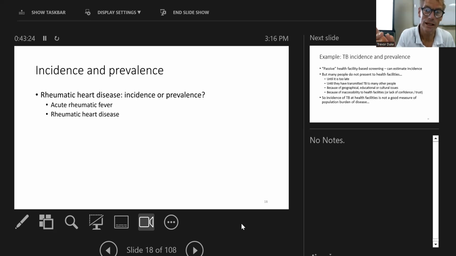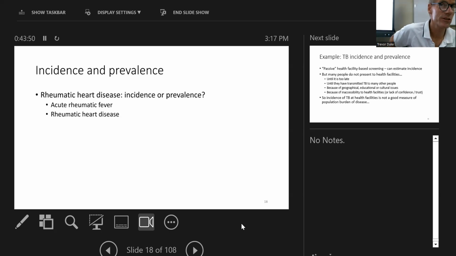All right. So again, I talked a bit about this, but rheumatic heart disease is an interesting disease in that when we talk about incidence and prevalence, we're talking about two different types of the condition. If you're talking about acute rheumatic fever, what term would you use for that? Incidence. That's incidence, isn't it?